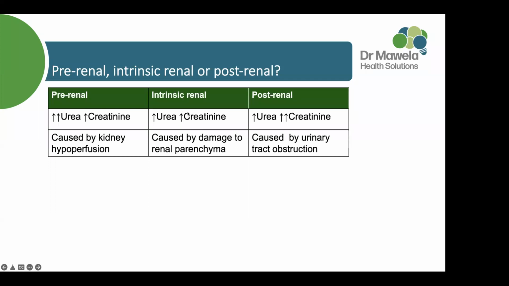Sometimes there's a direct insult, something that causes direct kidney injury, whether it's drugs, herbal medicines that people are taking, infections, viruses, cancers, cysts, anything that affects the kidney directly.